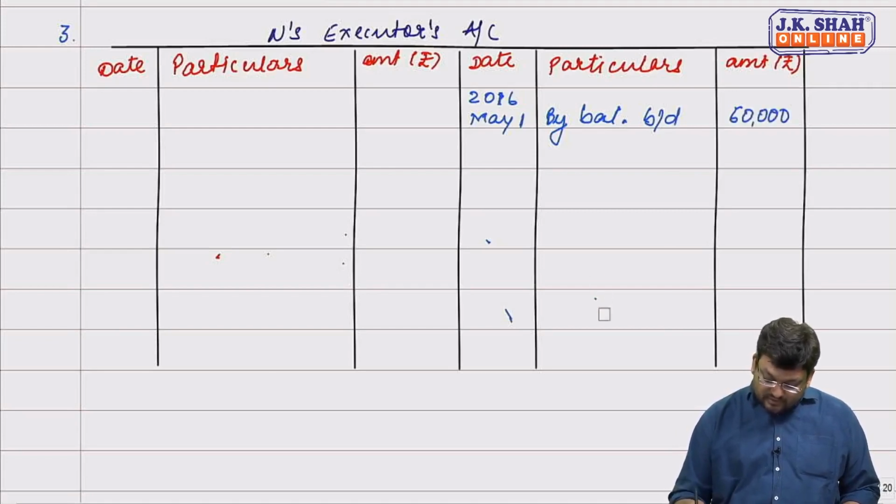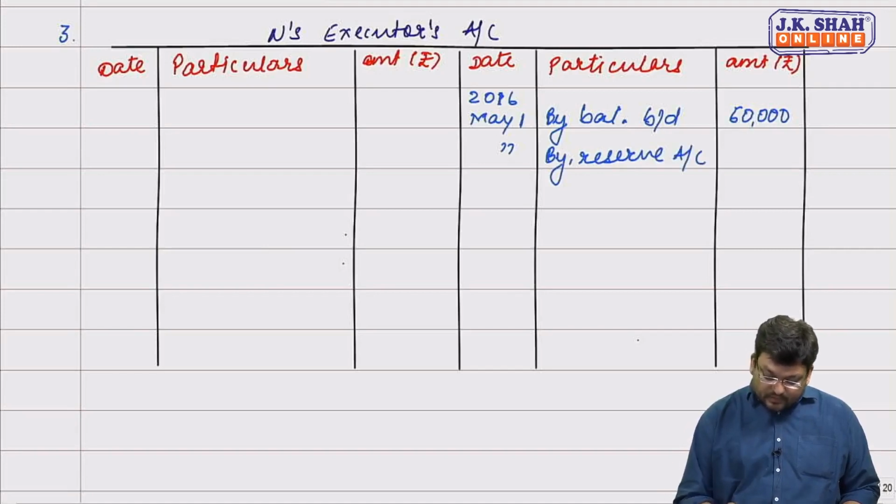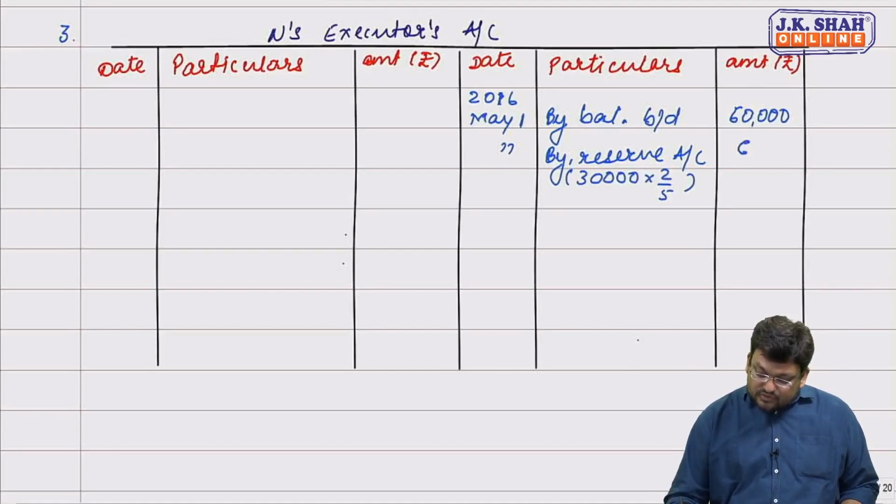Plus, we are also given reserves. So, reserves will be distributed among partners. Since there is death of a partner, there is bound to be reconstruction. So, reserves are total 30,000. And in that 30,000, N's share is 2/5, correct? That comes to 6,000.